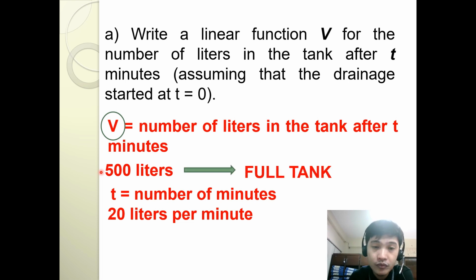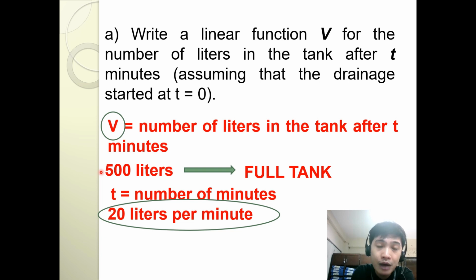And then yung 20 liters, again, ay tumutukoy sa nababawas na amount doon sa tank sa bawat minuto during the process ng pagdidrain. Kung i-relate natin itong apat na ito sa iisang function, pwede nating sabihin that V is equal to 500 minus 20T.